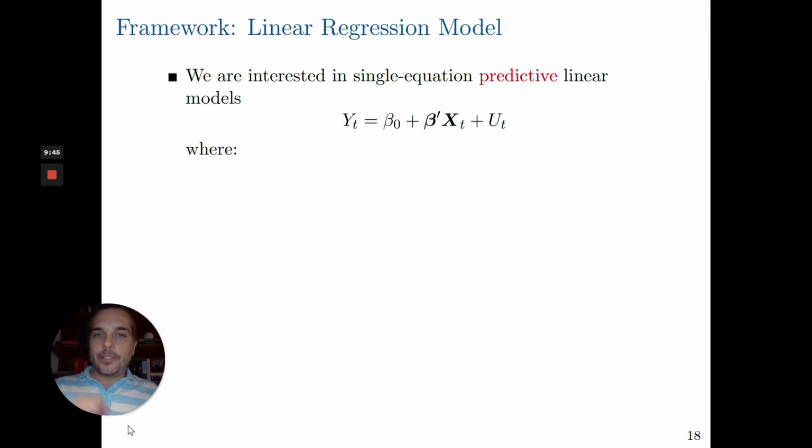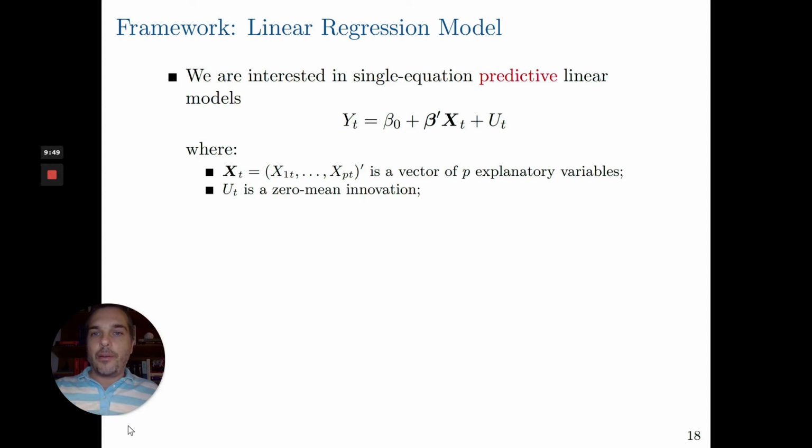So we have a single equation linear model as before, P covariates, U is a zero mean innovation. We are going to assume that P, the number of covariates, is in fact a function of the sample size.